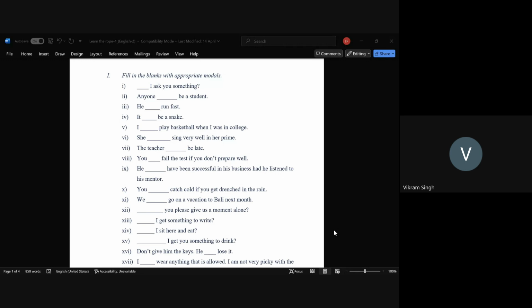Ma'am, for example, ought to, used to, have to, is going to, was going to, that kind of thing. Yes, ma'am. Need to, and the negative forms of all of this also.